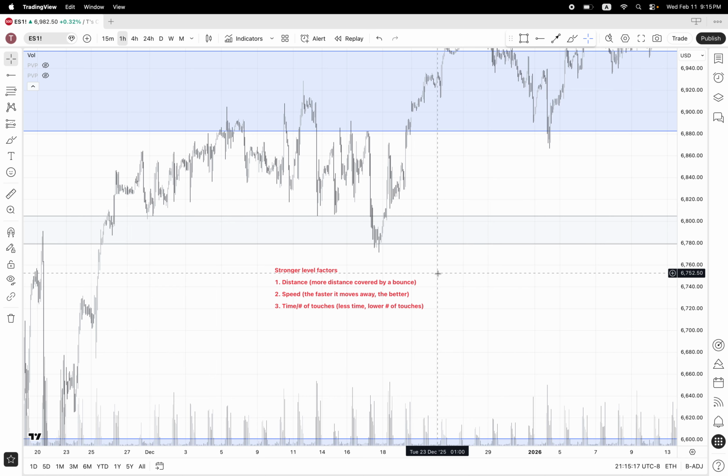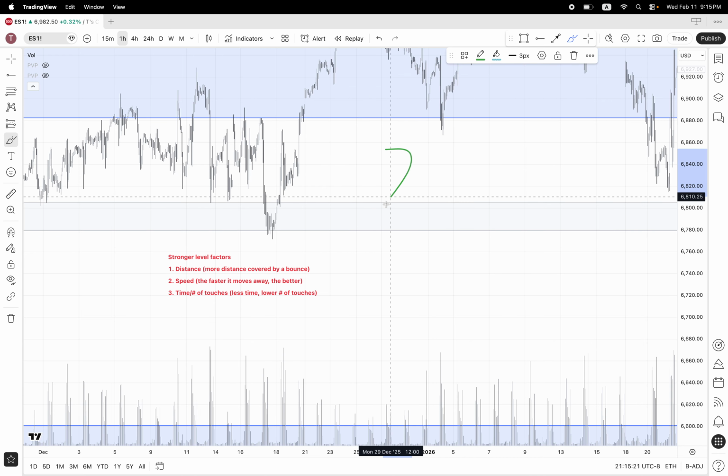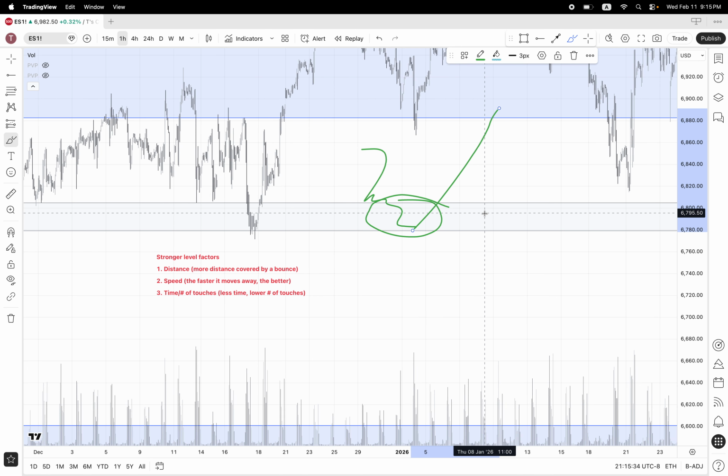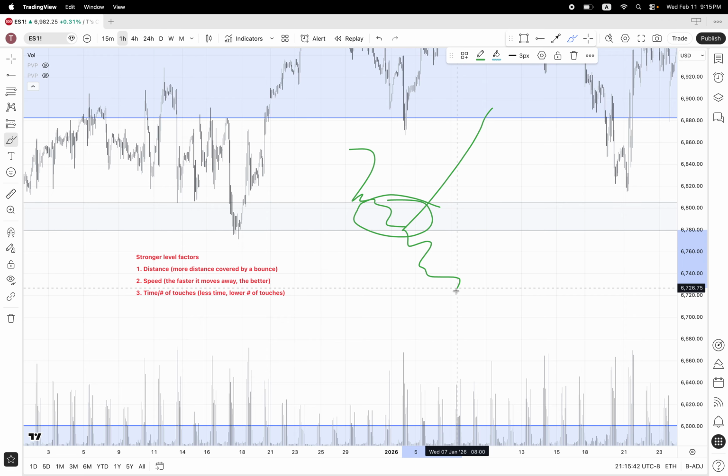But do not just always rely and think, oh, we're coming to the support level, I'm gonna put the entire deposit, all the money I have, and just long and buy from here with 100% going up. Always take into account that you could be wrong and this would not work. Most of the time it does work, but there are times where it doesn't, and if it just goes down, you would lose everything unless you're using proper risk management.